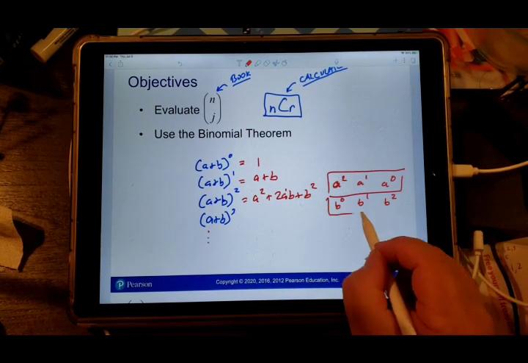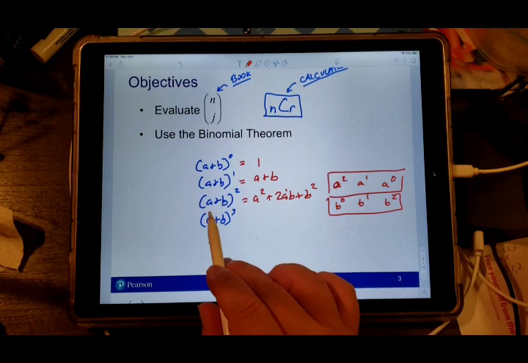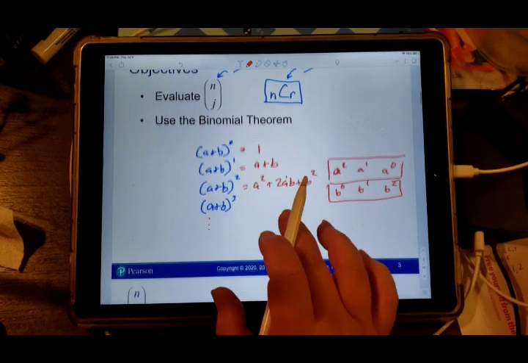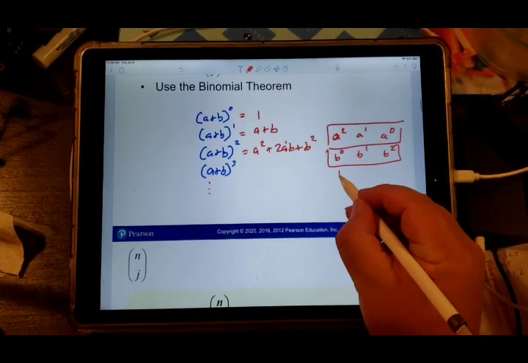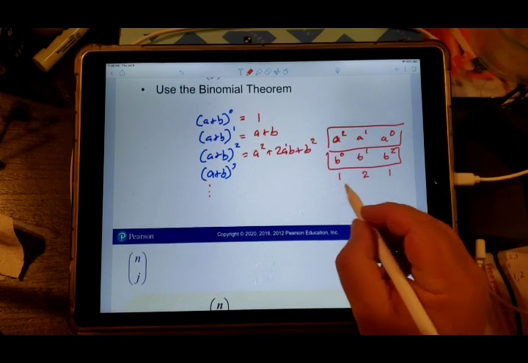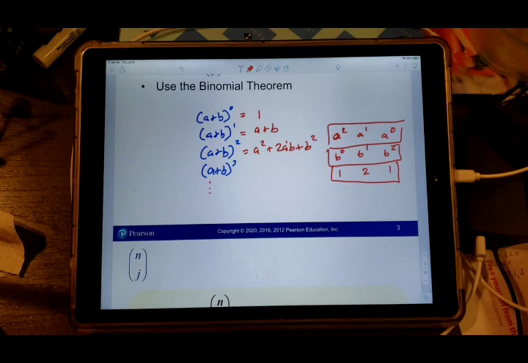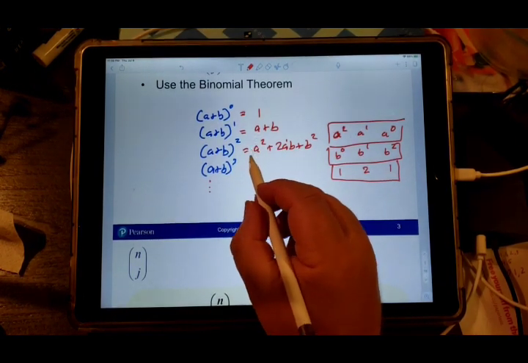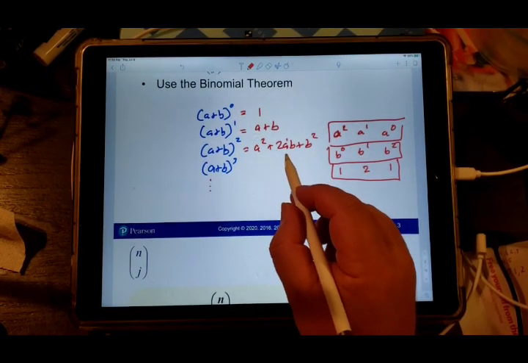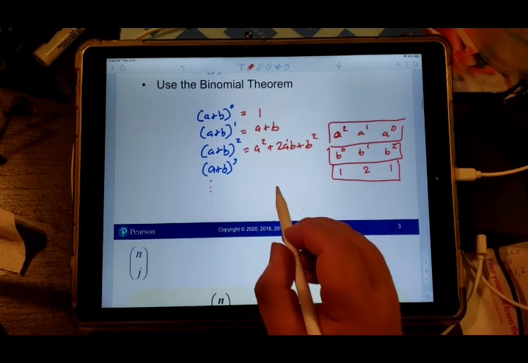Now I'm taking a formula that you've known for quite some time probably, a plus b squared equals this, but I'm breaking it down into all of these components. What's the 1, 2, 1? Well, those are the coefficients. There's an invisible 1 in front of the a squared and an invisible 1 in front of the b squared.